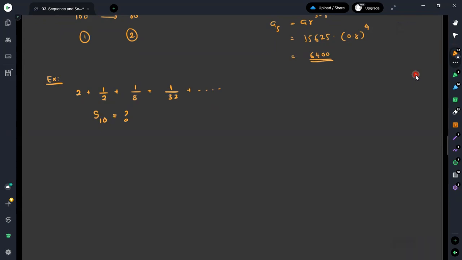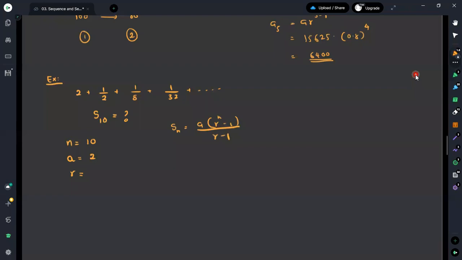Since we are asked to find the summation of the first 10 terms, the value of n is equal to 10, since there are 10 terms, and this is the initial value or the starting value of the series. Therefore, a is equal to 2, and we need to find the value of r as well. It is because we know that Sn can be taken as a times r to the power n minus 1 divided by r minus 1.